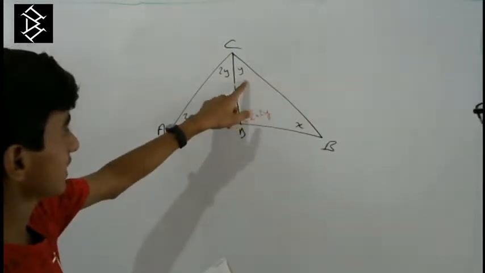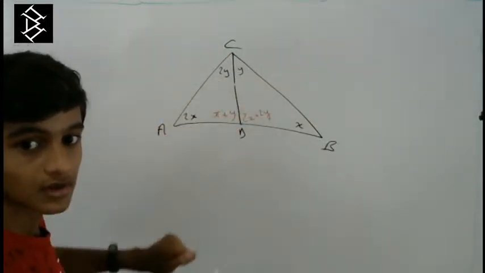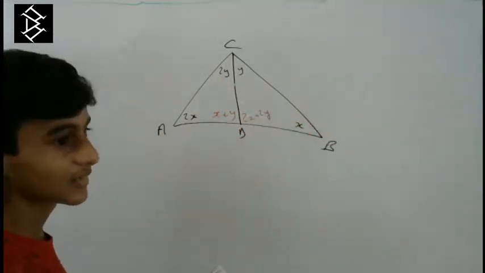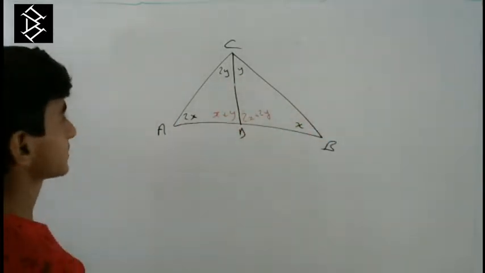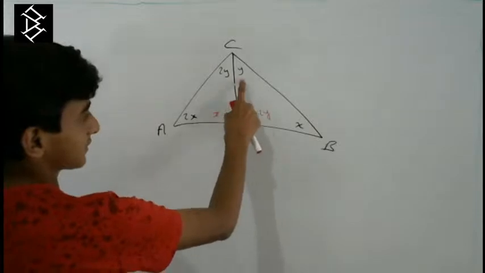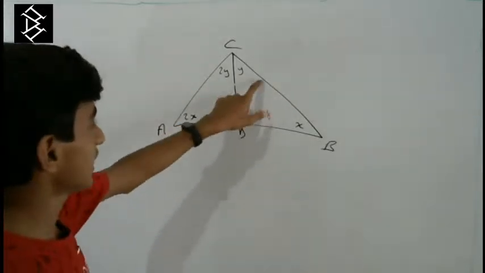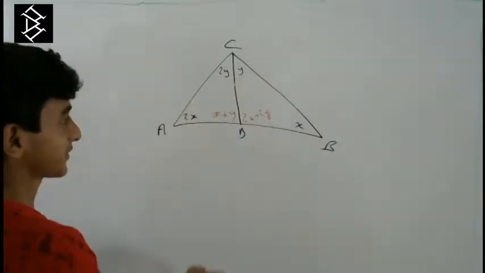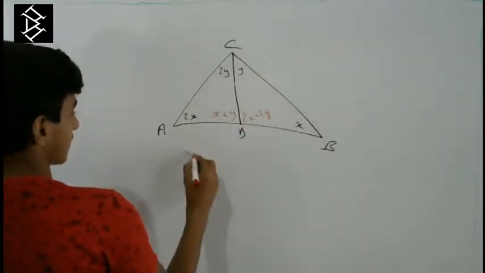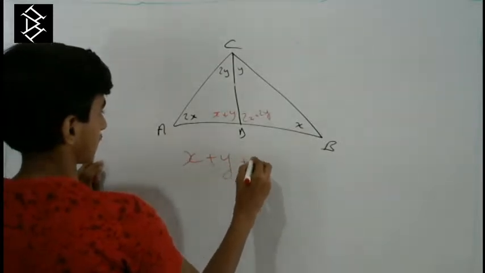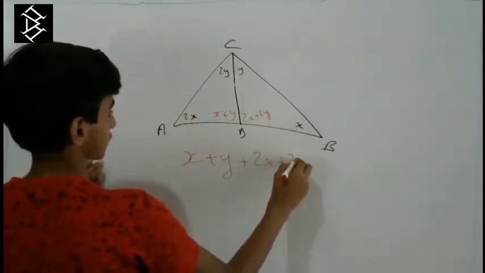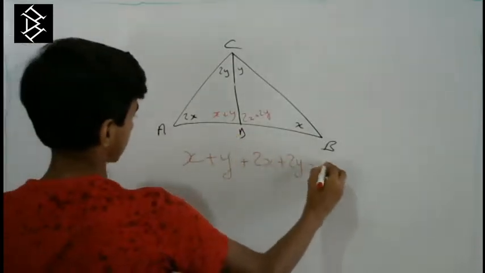So this is y and this is 2y. Now, exterior angle rule. The exterior angle is equal to the sum of the opposite angles. So we can apply that rule here and here. So we'll get x plus y plus 2x plus 2y equals a straight line, that is 180.